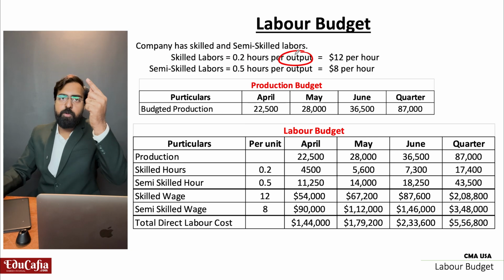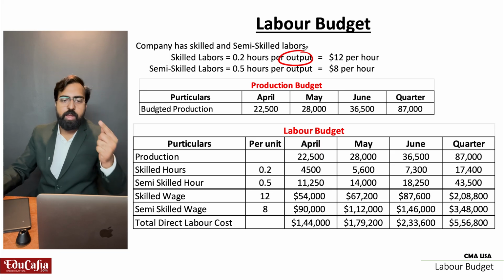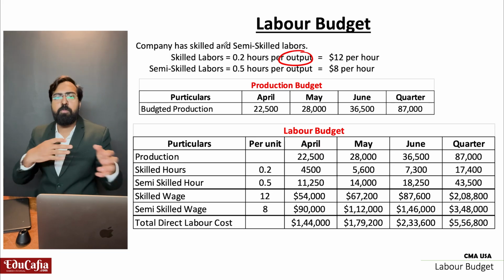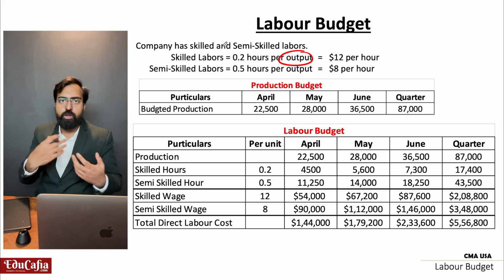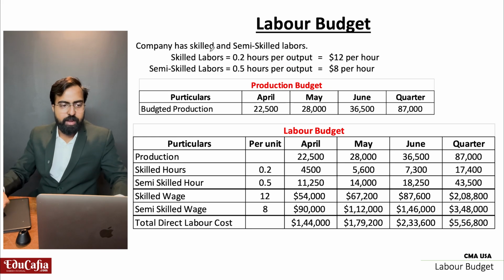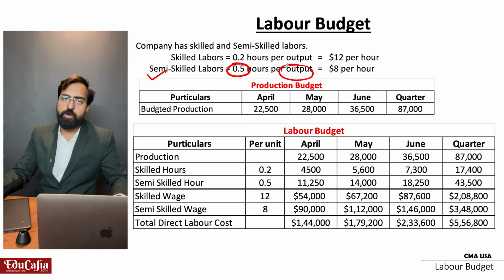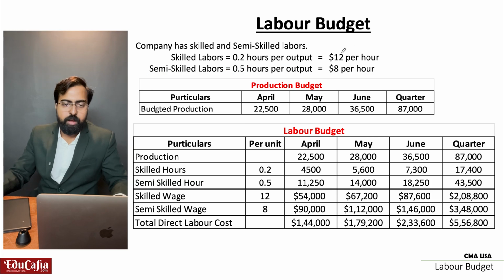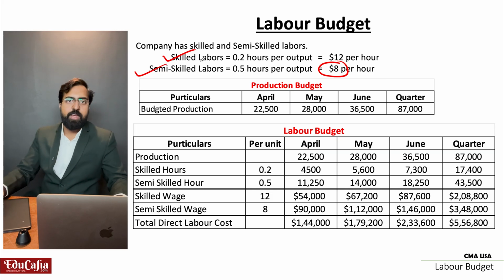For making one output, they require only 0.2 hour. Semi-skilled laborers work 0.5 hours per output. The wage we give them is $12 per hour for skilled laborers and $8 per hour for semi-skilled laborers. You got it?